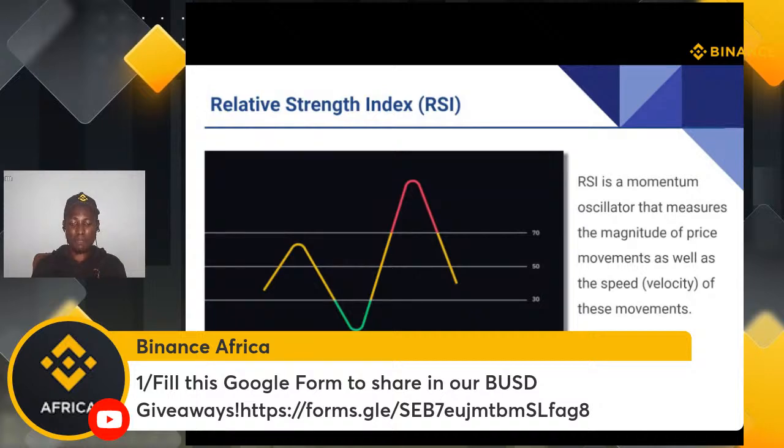It might be best not to think about these values as direct buy or sell signals. It is very good for you not to rely completely on this indicator, thinking that when you see the score of an asset above 70 it's overbought, or below 30 it's oversold, and you just take a position immediately.